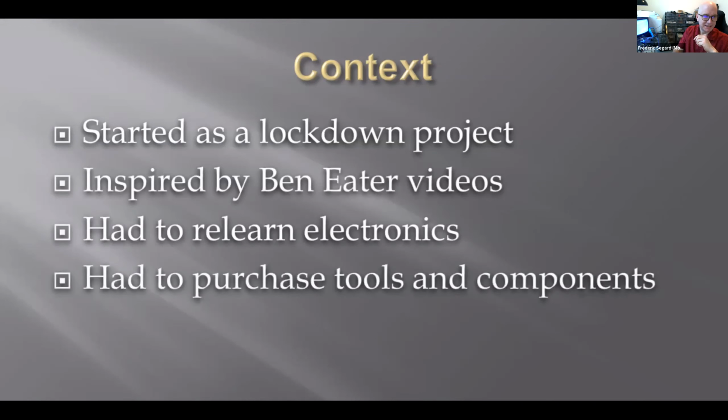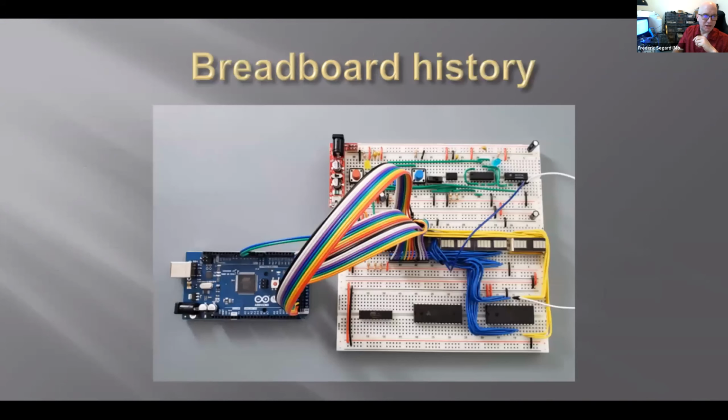So I had to purchase tools and components and whatnot, and of course, try, fail, try, and it works. So I had many iterations of breadboard. This is my first try, and I followed Ben Eater wire by wire.